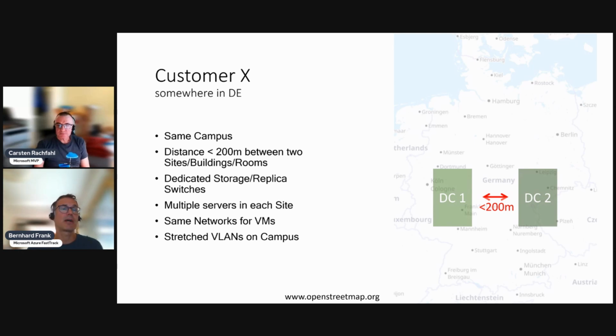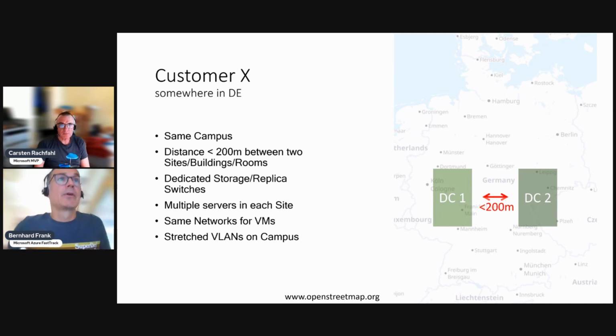So maybe you have two different buildings where you put your hardware, in order to be protected against fires or something like that, or against power or internet cable connectivity outages. Most of the time, people are interested in stretching, but not so far apart.